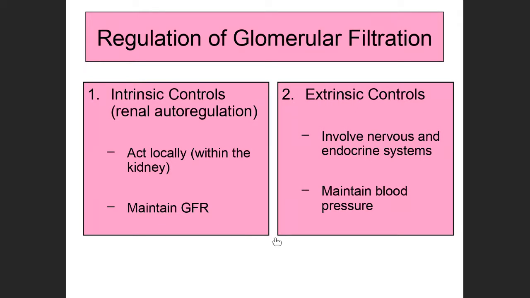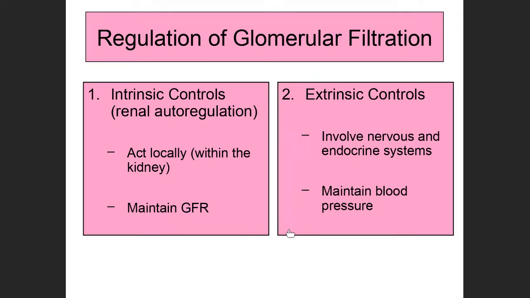When you've got either a big increase or a big decrease in blood pressure, glomerular filtration becomes under the control of what are known as extrinsic controls. They are extrinsic controls because they are outside of the kidneys.